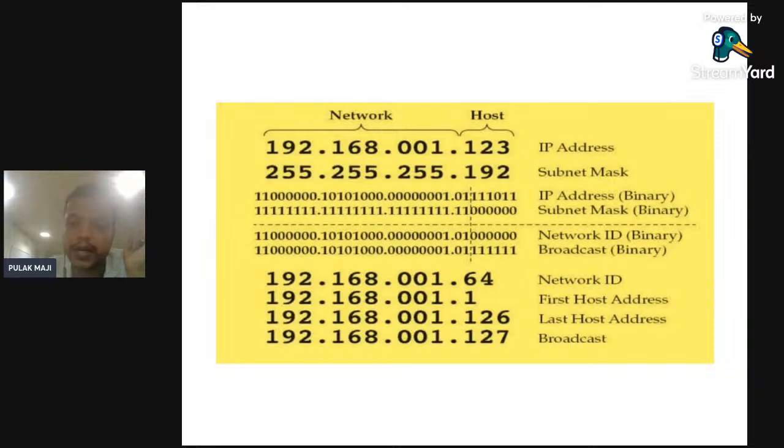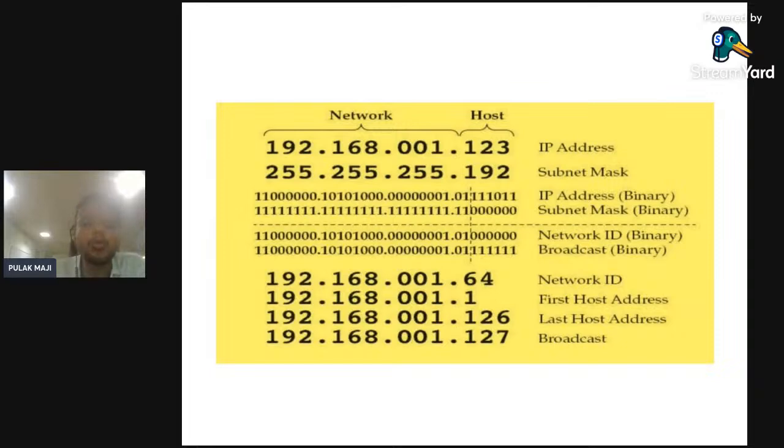What will be the last IP address? 200.10.20, and what will be this value? The seven 1s mean 127. So this is the range of the S1 subnet. We are creating 2 subnets. So what will be the range of the S1 subnet? 0 to 127. 0 to 127 is the range of these IP addresses.